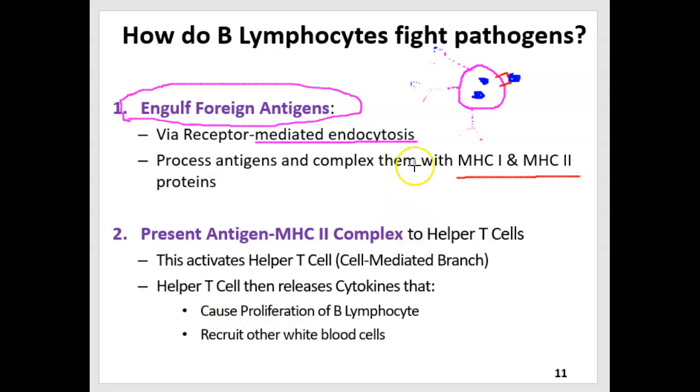Okay, so what's the big deal? They've engulfed a foreign antigen, which is good because now it's not freely floating. But what's really cool is that these B lymphocytes can present this antigen MHC complex to T lymphocytes, but only a certain type of T lymphocyte, a helper T lymphocyte.